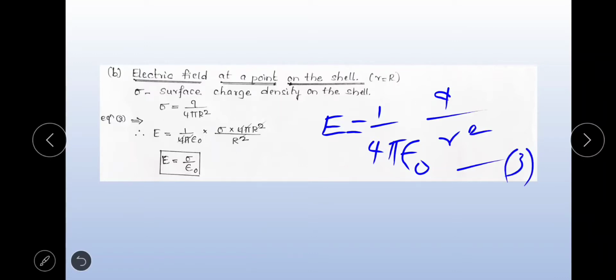Here you have to substitute the values of q and r. Here q equals what? Sigma into 4 pi r square, and small r is replaced by capital R, because you are considering point P on the shell. Okay, right. On substituting, you get like this. Here 4 pi gets cancelled, r square also gets cancelled. You are left with E equals sigma divided by epsilon naught.